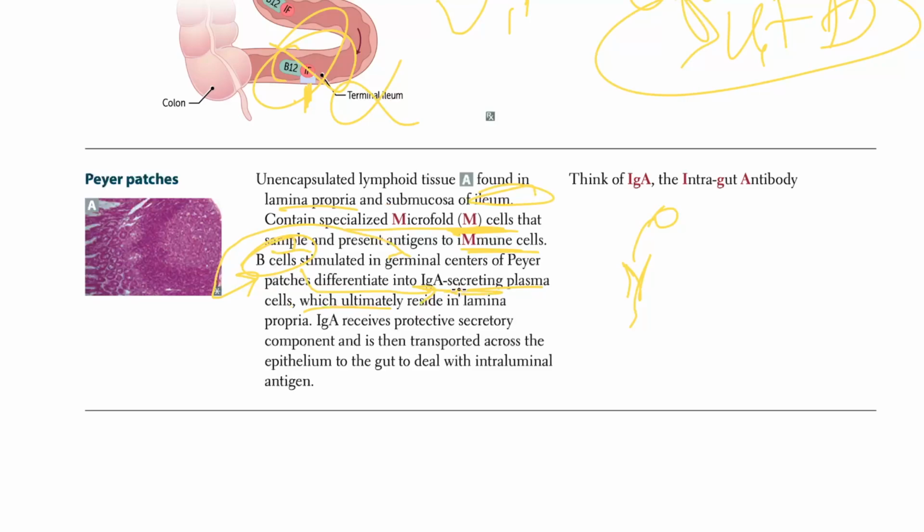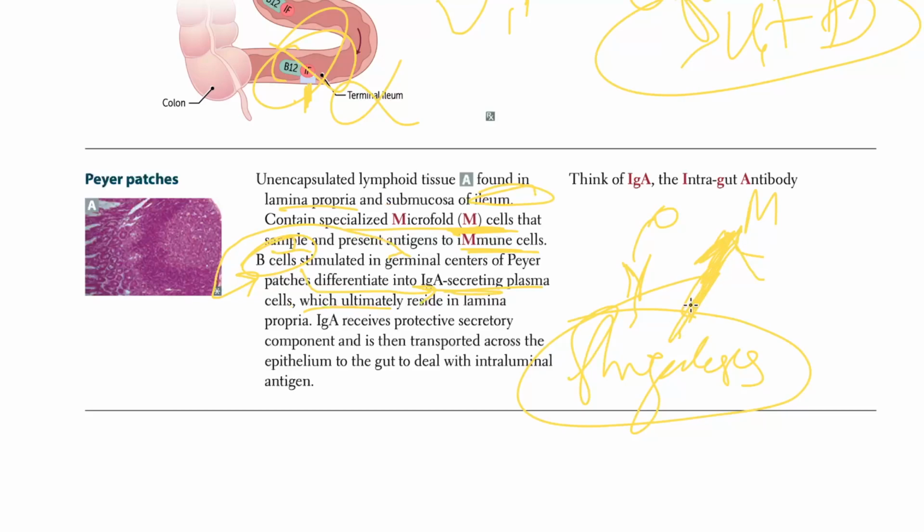But now, clinical tie-in: shigellosis. In shigellosis, Shigella goes to these M cells. It goes like, man, I'm gonna take you down, you're the big guy here.